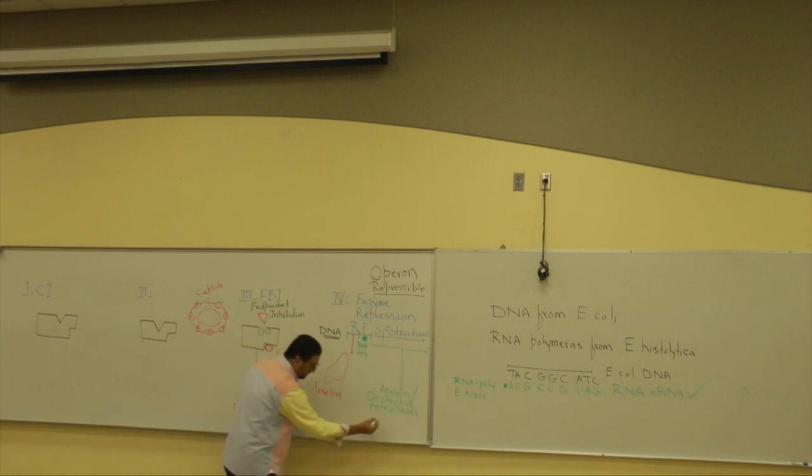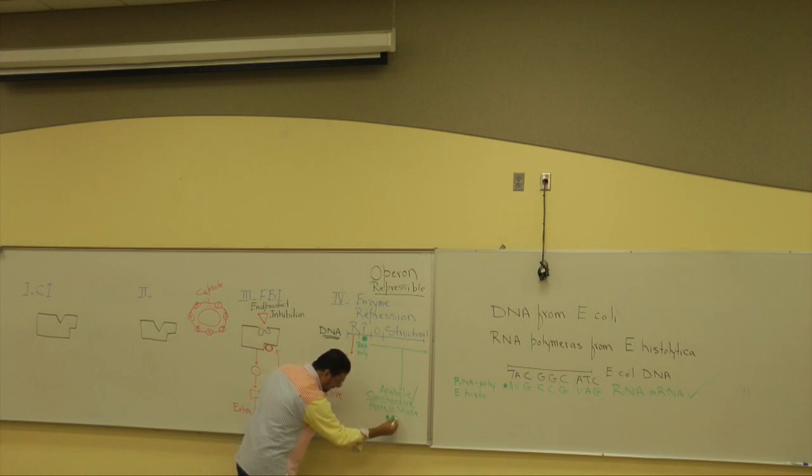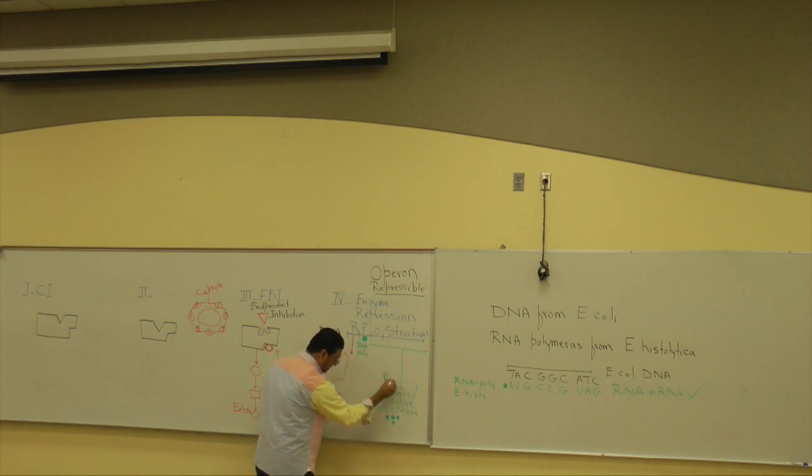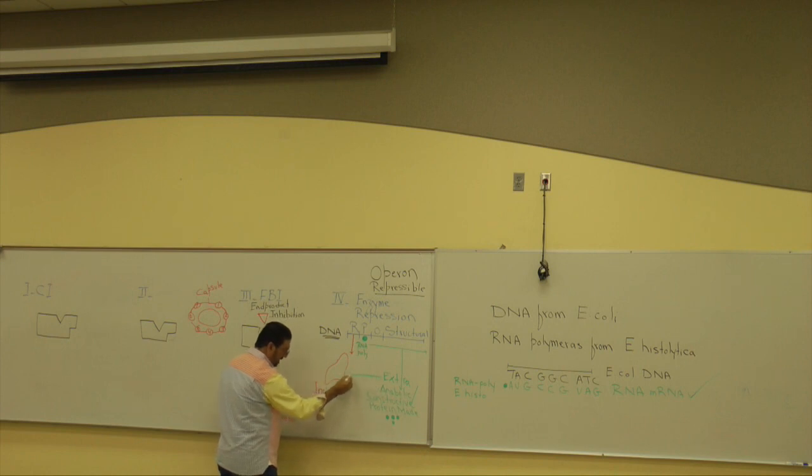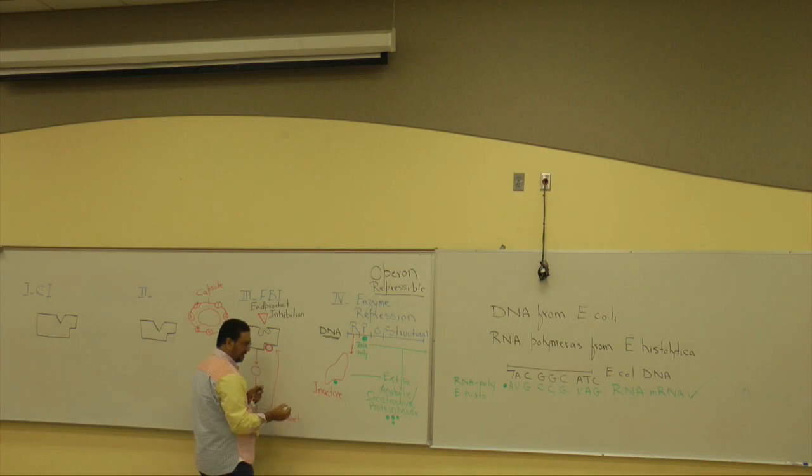When you have excess or extra anabolic protein, the extra anabolic protein binds with this inactive repressor and makes it active.